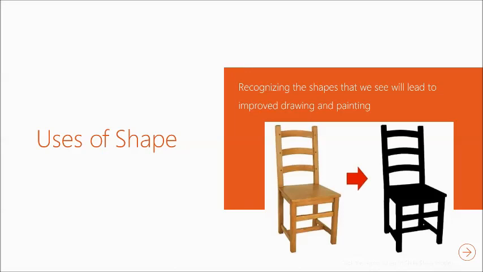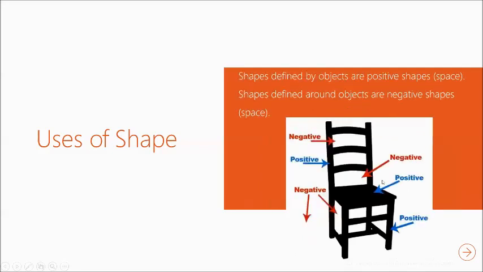Here, a rectangle, there is also an arc in a form like this one, okay? So shapes defined by objects are positive shapes in space, and shapes defined by round objects are negative shapes in space. So when you say, for example, negative, it is the space in between the positive.